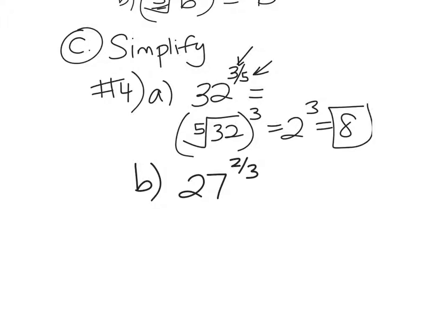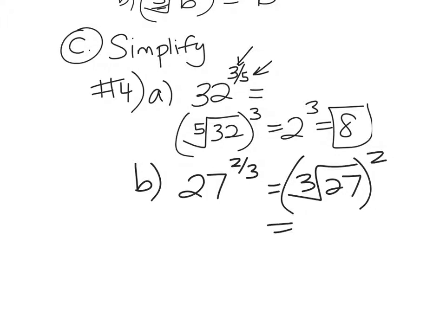Okay, 2 steps here. You're going to take the cube root of 27, and you're going to get that answer, and you're going to square it. So what'd you get? 9. Me too. The cube root of 27 is 3, and 3 squared is 9.